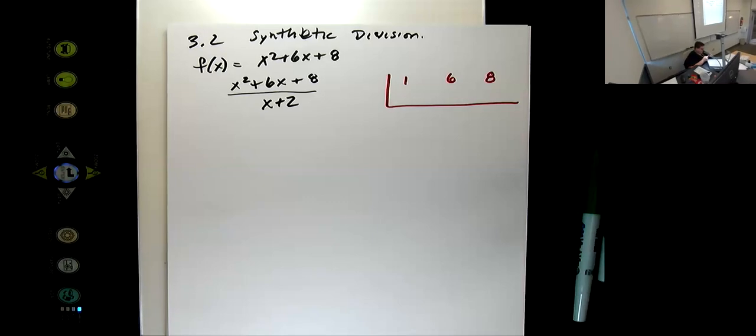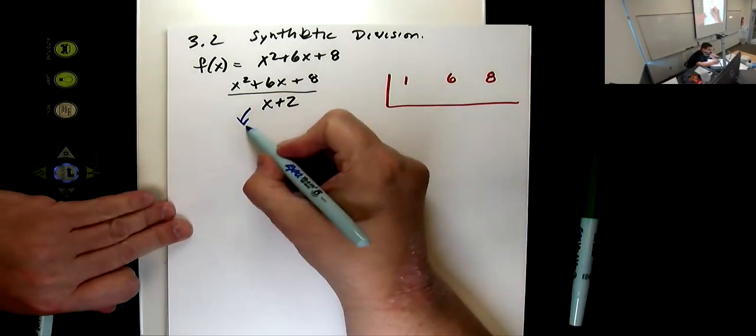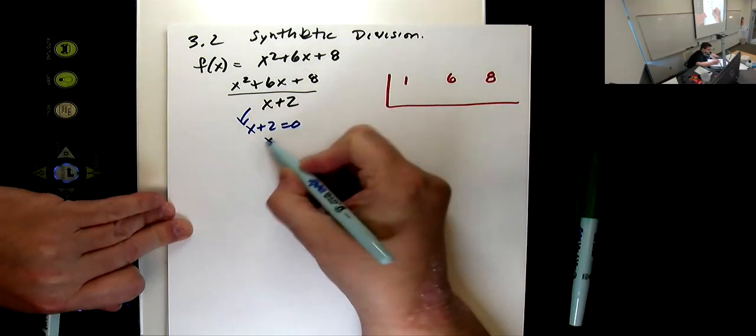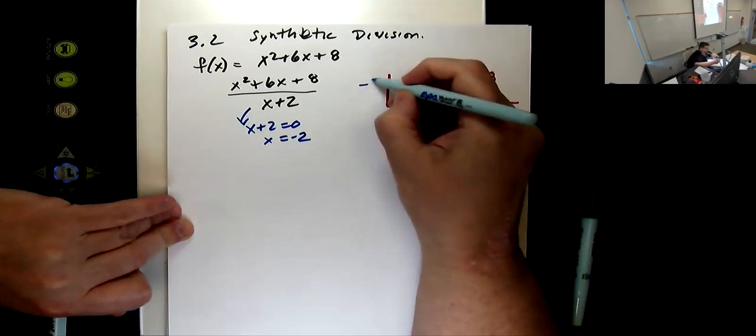No, I showed it. So what you do is you take the bottom and set it equal to 0, and you solve, you get x equals -2. And that's what we're going to use, -2.